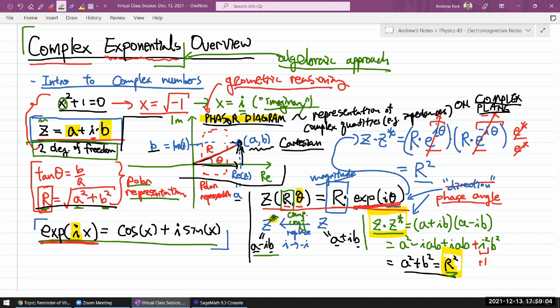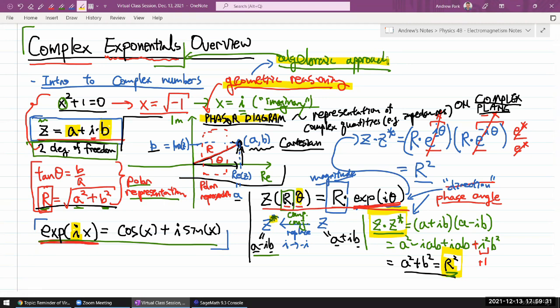You just follow the rules of algebra. So with complex exponentials, what we are doing is taking what is essentially a geometry problem and turning it into an algebra problem, which makes it easier to systematically approach things. That's one.